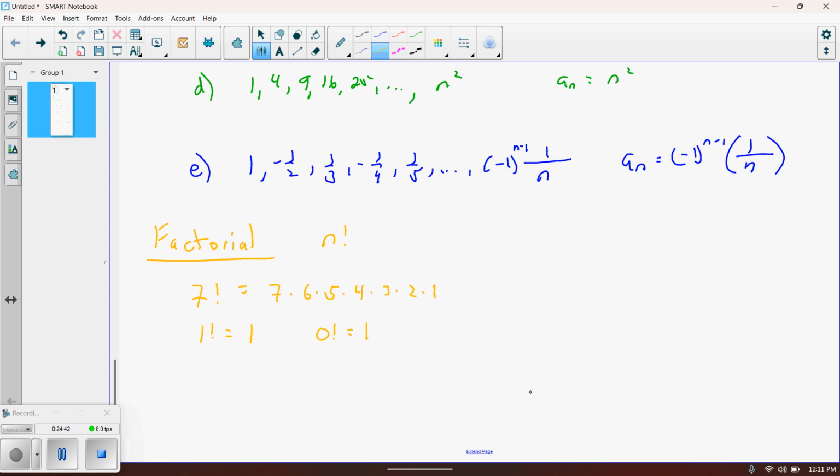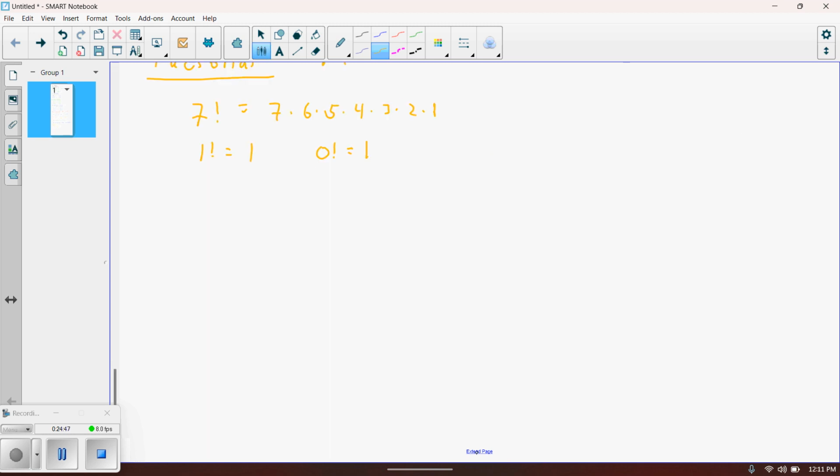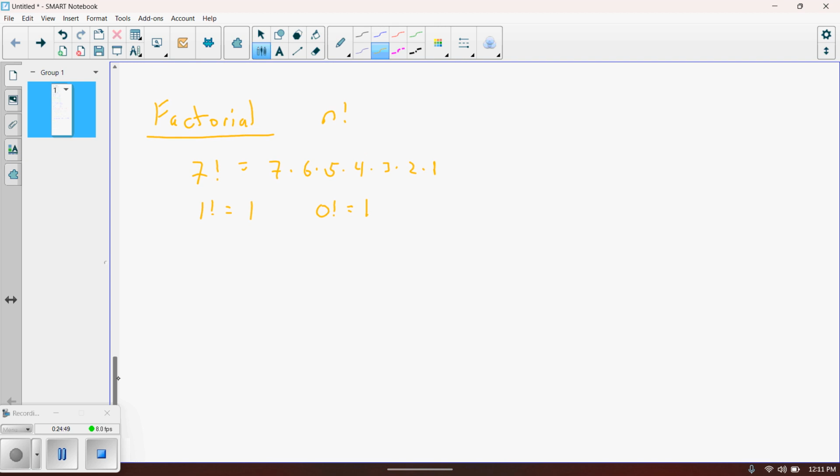It's pretty interesting. We are going to be much more interested in doing this for general terms, something like n factorial. Well, remember, because we're dealing with sequences, n is a whole number, so it works. n factorial would be defined to be starting with n and then multiplying that by every possible whole number all the way down to 1.